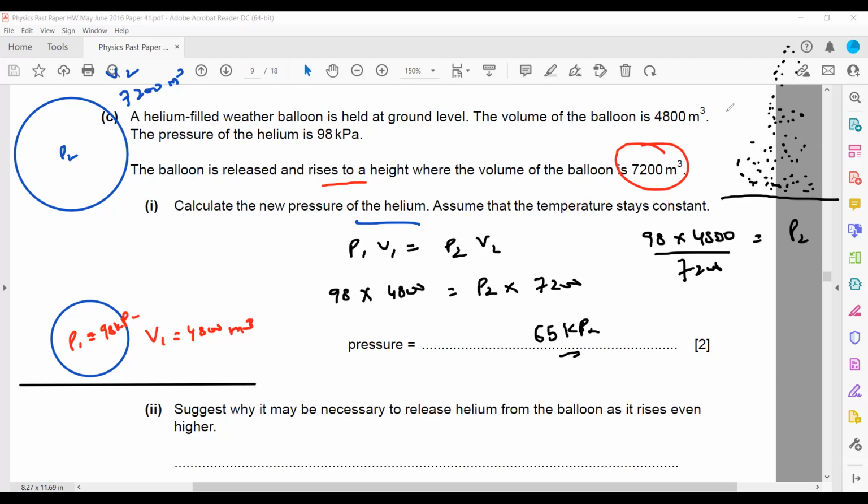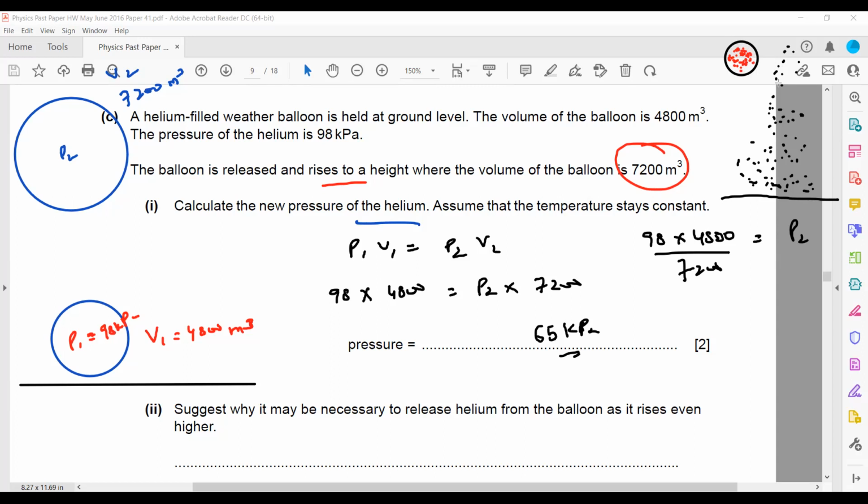So if the balloon is at this height, and the balloon is filled with helium gas, why should we release some of the helium out from the balloon as it reaches the higher altitude? Because outside pressure is too low, outside pressure being the pressure due to the atmosphere.